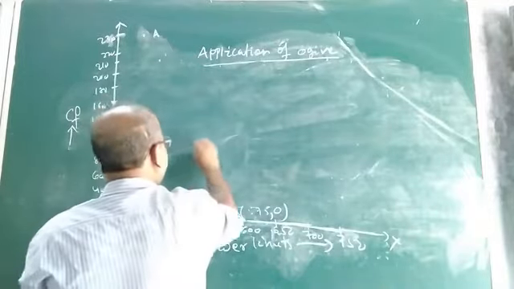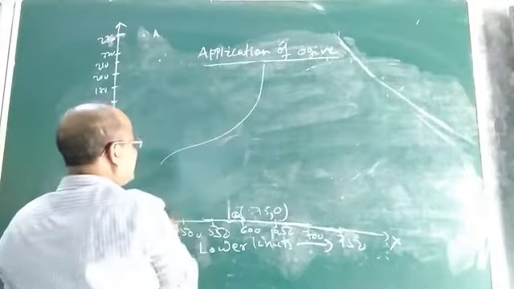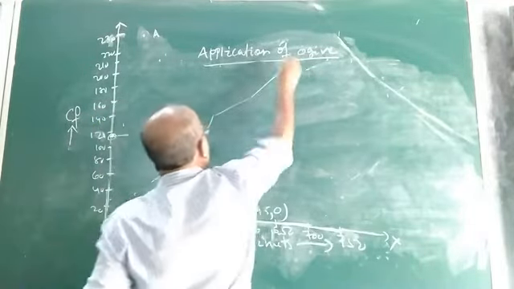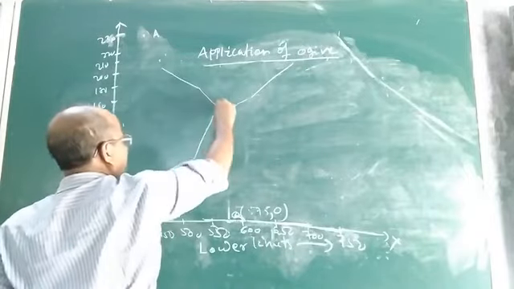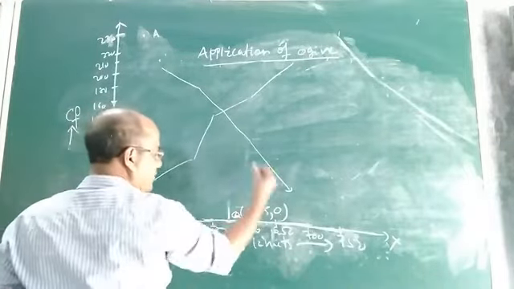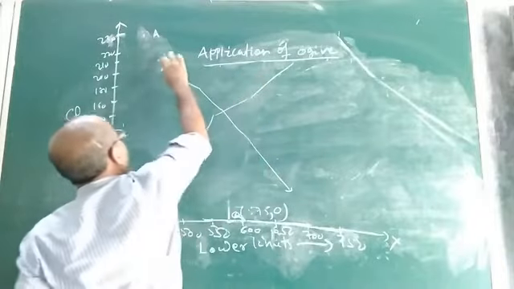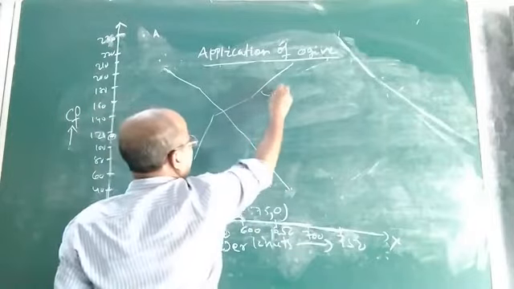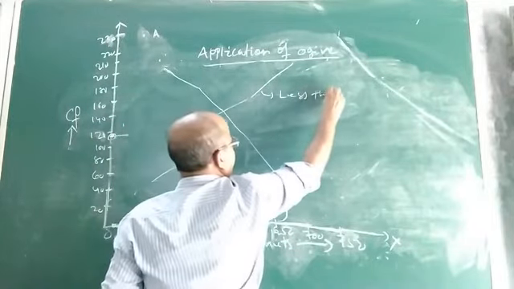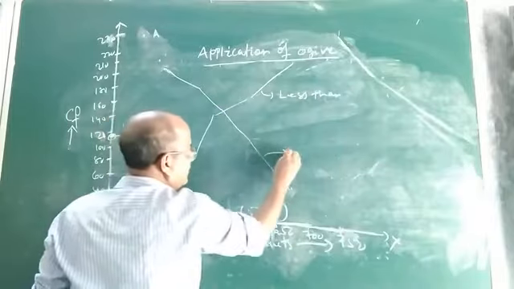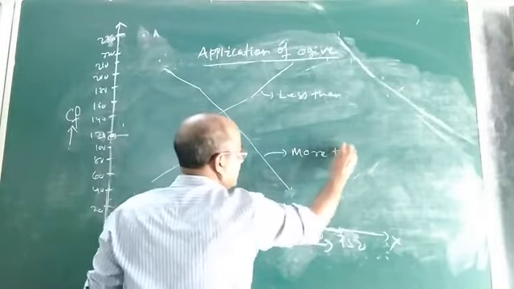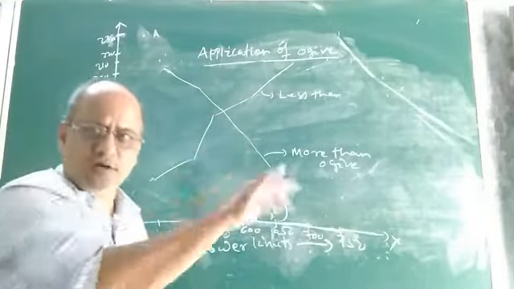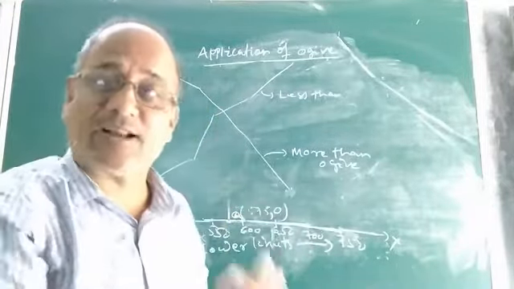Suppose this is my less than ogive, the less than cumulative frequency curve, and this one is my more than type ogive. Now we have drawn both the ogives, less than type and more than type. Then how to get the median?